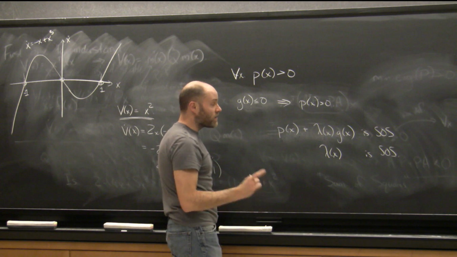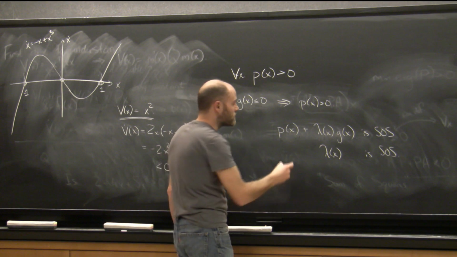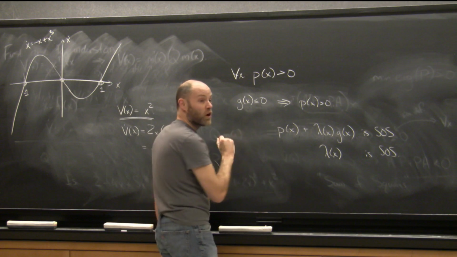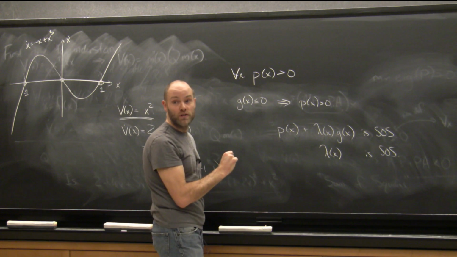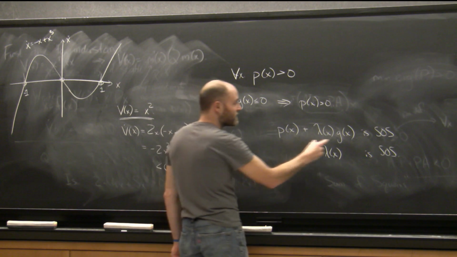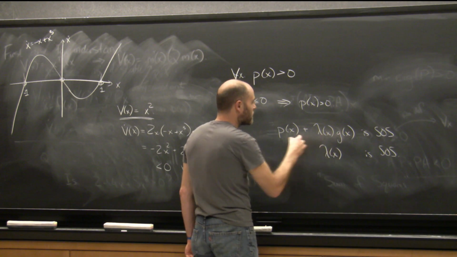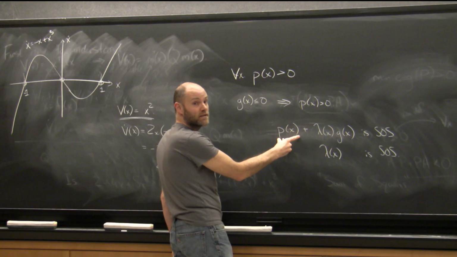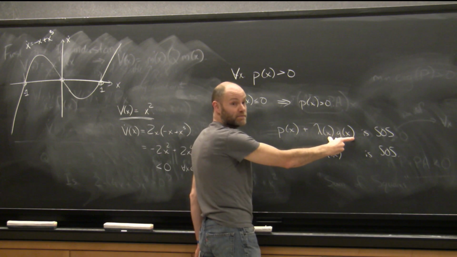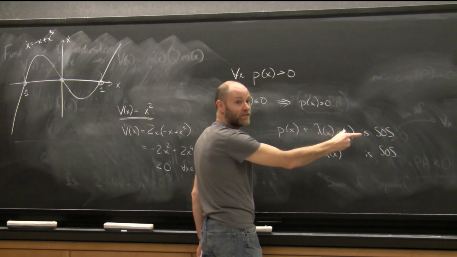Now the magic is that p of x no longer has to be positive outside the region. Because outside the region, suddenly g of x is positive, and even if p of x is negative, this is able to lift me up so that the whole thing is positive.